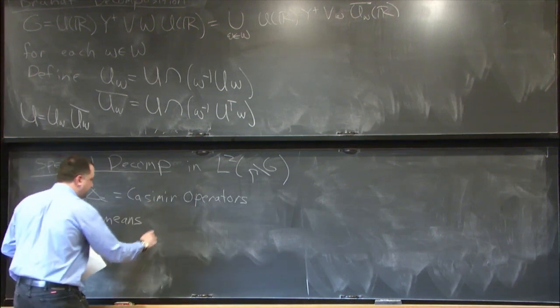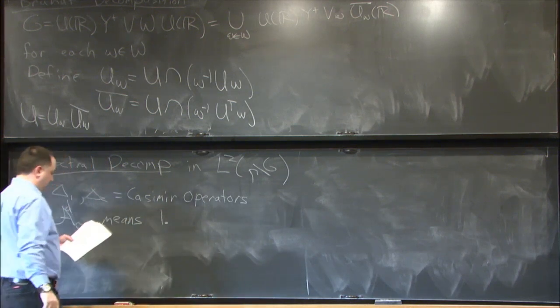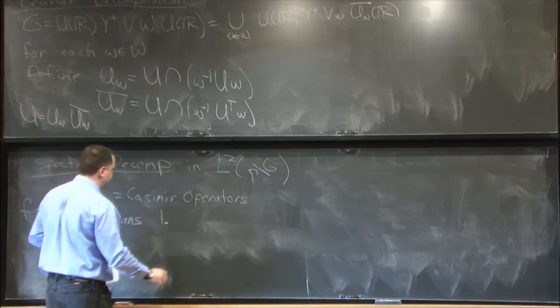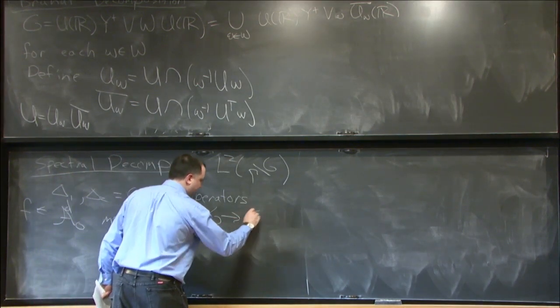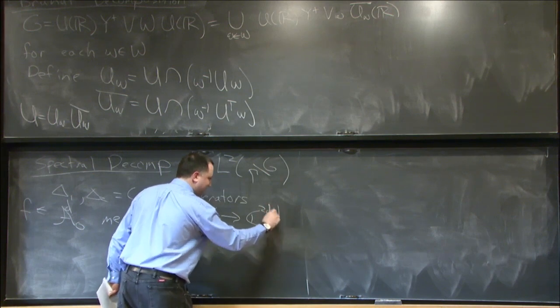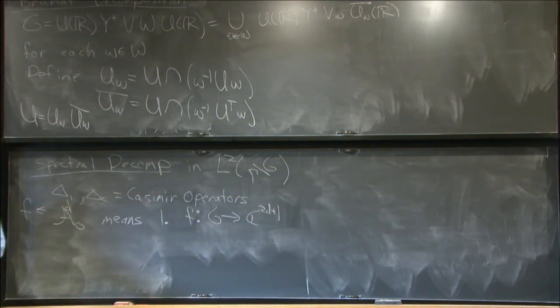Okay, so one: this is a 2D plus 1 dimensional row vector valued function.